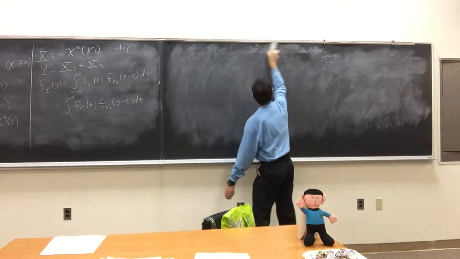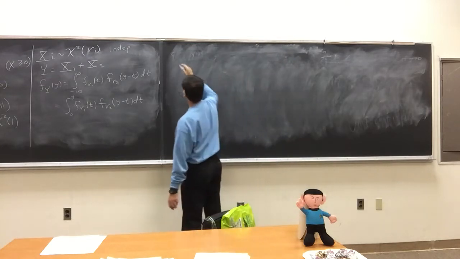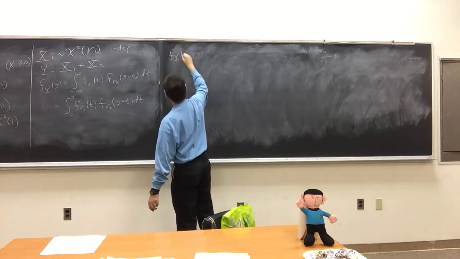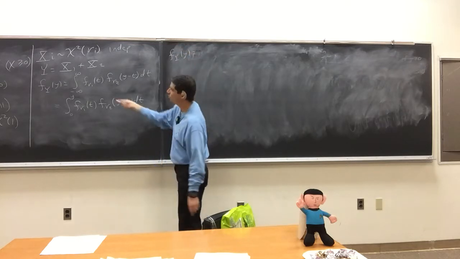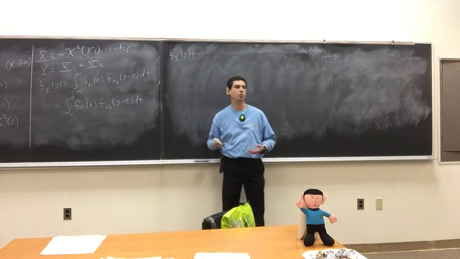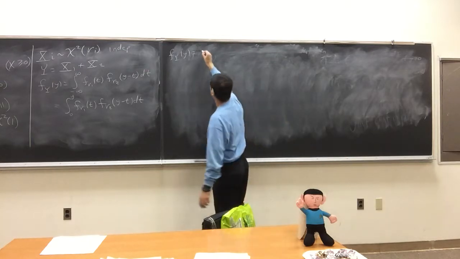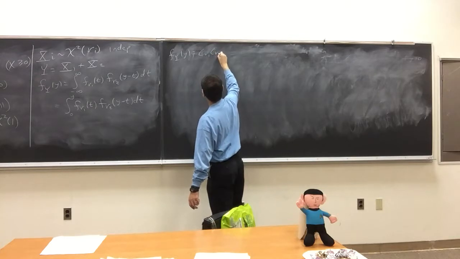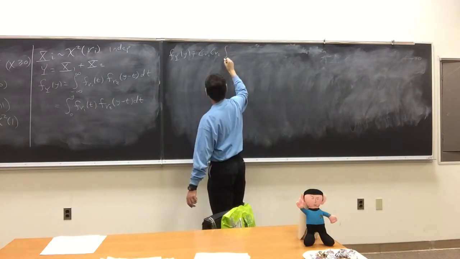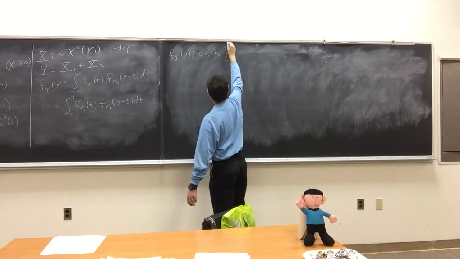Okay, so now let's continue, and we get f_Y of y. I'm going to call the normalization constants c nu 1, c nu 2, in obvious notation. So it'll be c nu 1, c nu 2, integral from 0 to y.